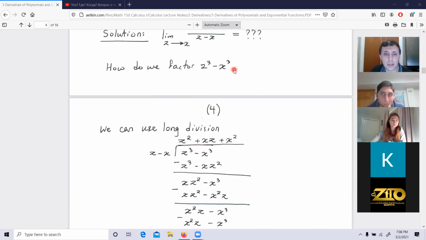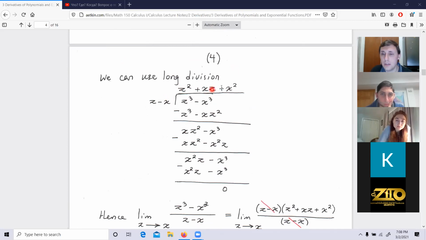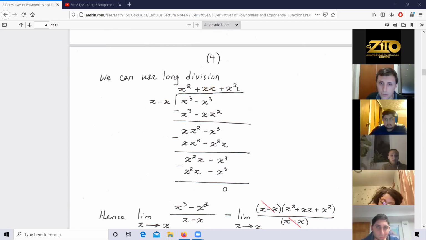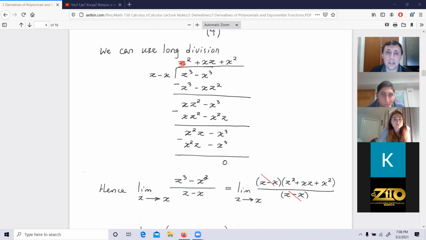Long division, guys. You remember how to use that long division? We can practice it if you don't remember. I can show you how to do the procedure, or I can try to explain why it works. So here is z cubed minus x cubed, and this is z minus x that I divide by. So I need to multiply this z by z squared to get z cubed.